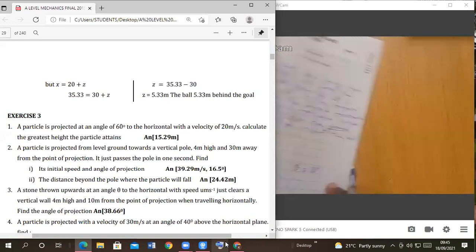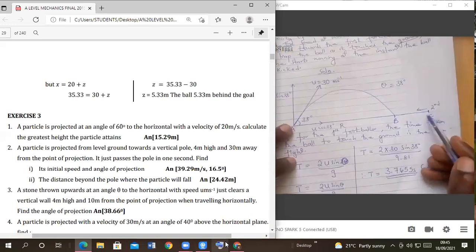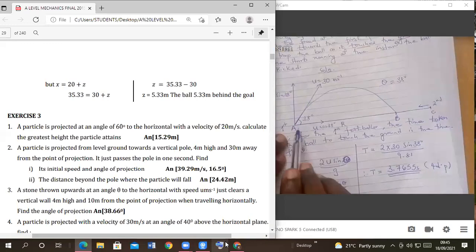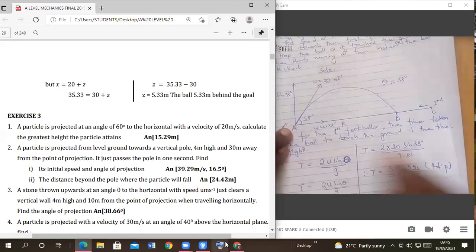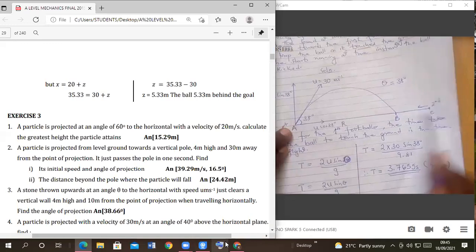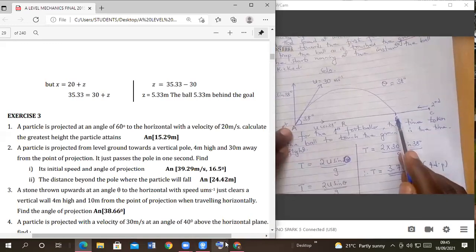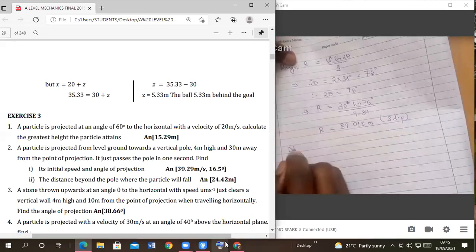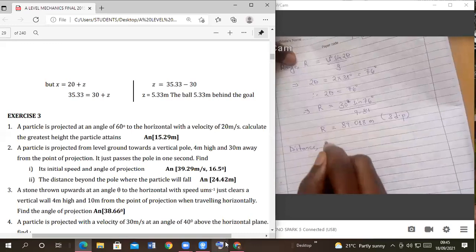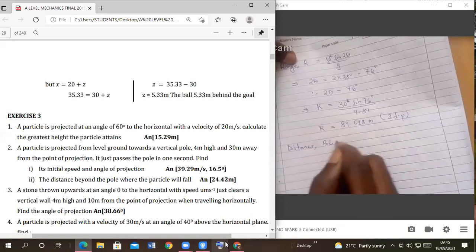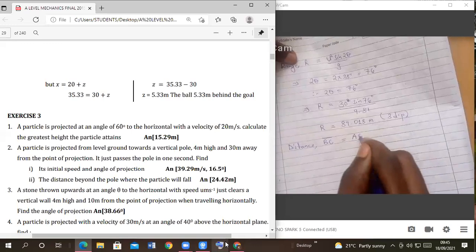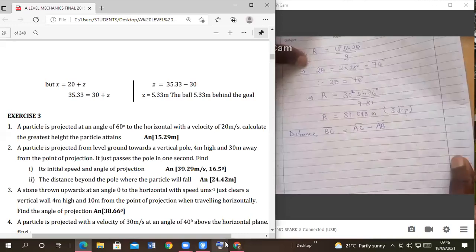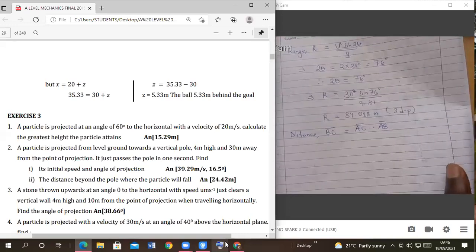So now we have got the range here. Which means what we want is this distance here, BC. We know distance AC, which is 120 meters. AB we have already got, which is our range. So now we can get distance BC. BC must be equal to AC minus AB.